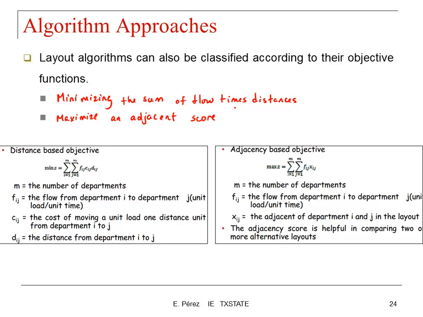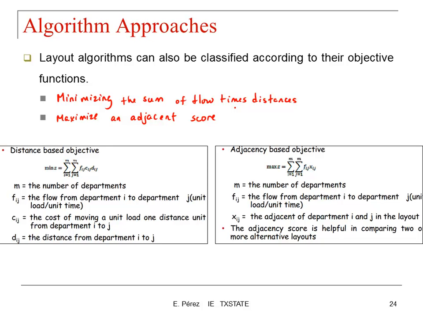We have information about the flow from department I to department J. We have the cost of moving a unit, and we have the distance. So once we sum the information for all the relationships, we want to minimize the score. Once you test all the alternatives, which one will give you the minimum cost.